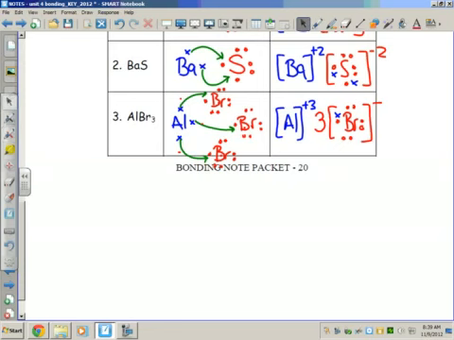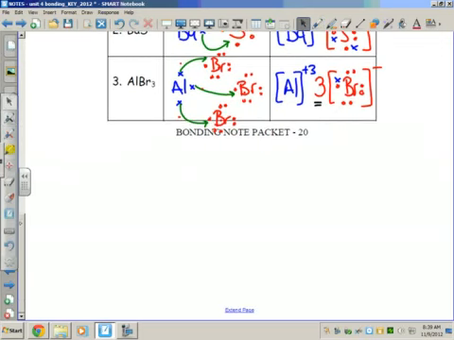Now, it's very important to understand. You can put a coefficient here. But one thing that you can't do, it's a common mistake that people make, is to say Br and then put the 3 here.